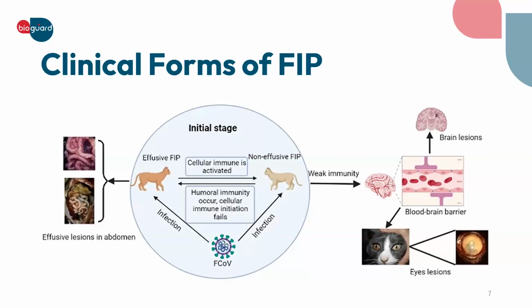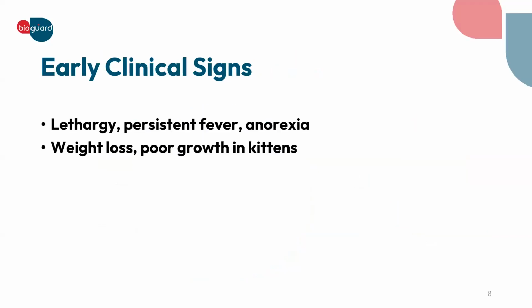So this causes lesions in the brain and eye that also last longer than those in the abdominal area or other parts of the body, which is the reason why this kind of FIP invasion is known as the dry form. So the dry form usually starts occurring in the organs, especially in the brain and eye, and then it can enter into other organs as well.